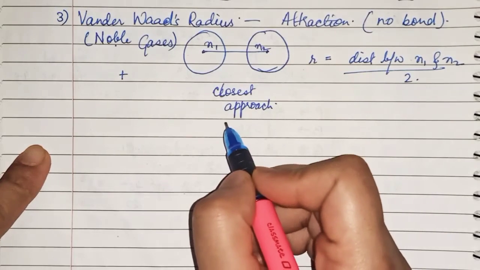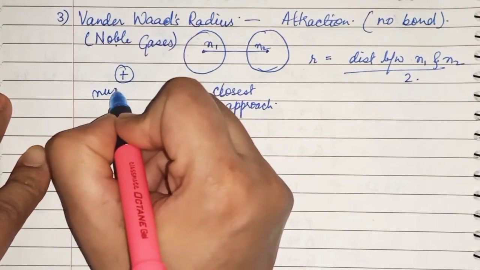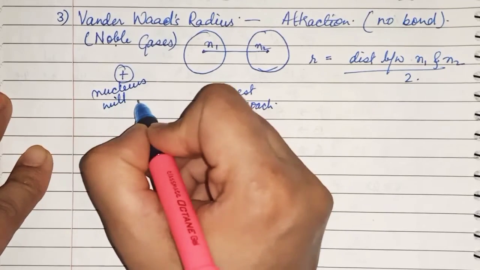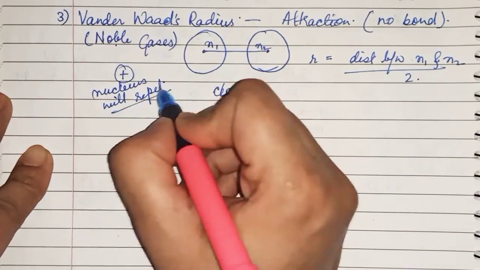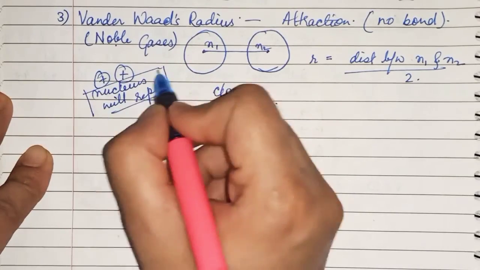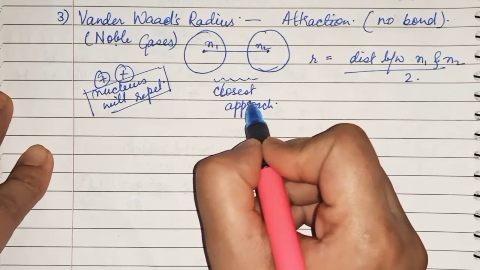Positive and positive will repel each other. When they come very near to each other, there will be repulsion between the nuclei. That's why we consider the closest approach.